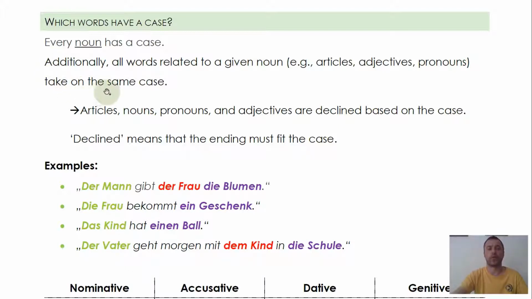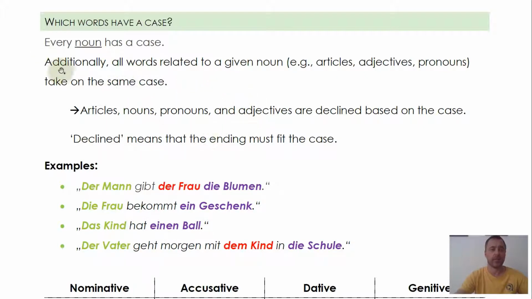I will link it for you in the info cards, but also check the grammar of your native language. Every language knows nouns. So if you know what a noun is in your native language, it will be the same thing in the German language. So it always helps if you understand at least the basics of the grammar of your native language.